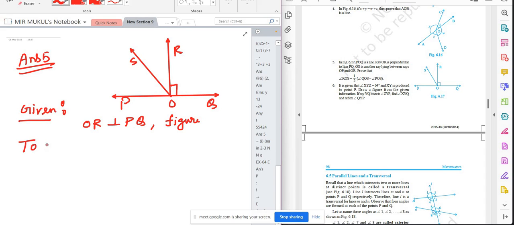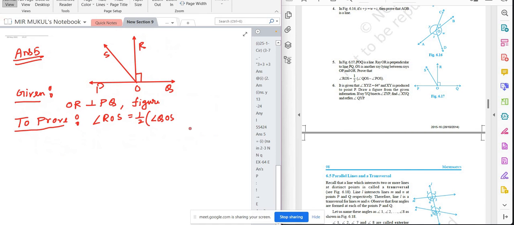Now to prove, we have to prove angle ROS equals half of angle QOS minus angle POS. Right?